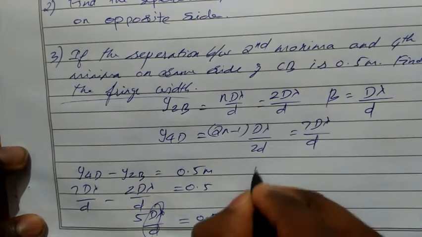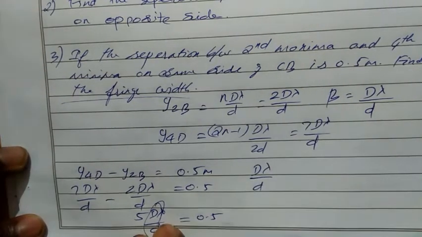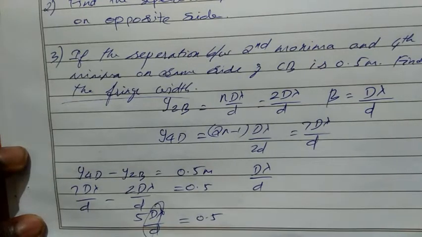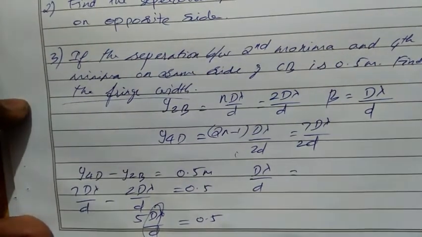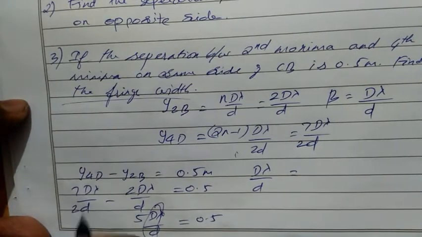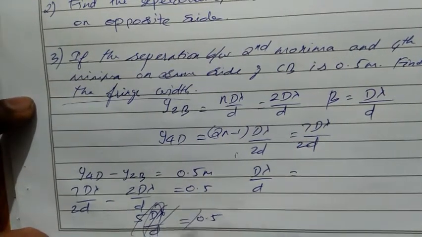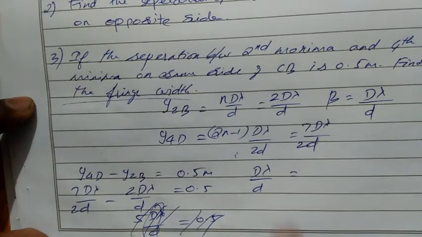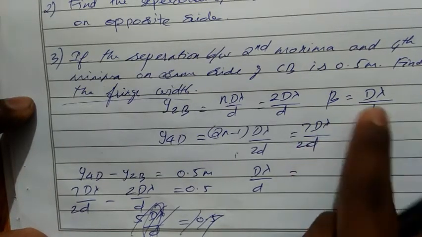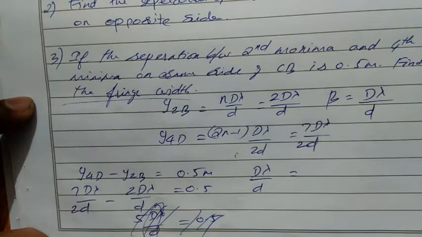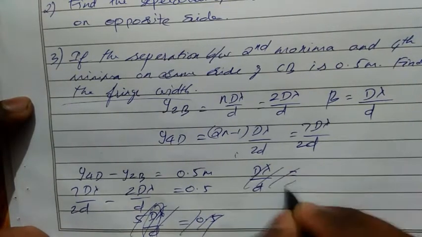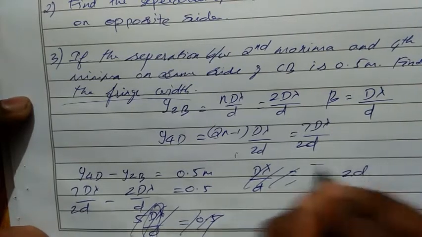I am sorry, I made a mistake here. Actually it is 2d. So here we have 7 d lambda divided by 2d, minus 2 d lambda divided by d. Then we have to take the LCM. The LCM is 2d.